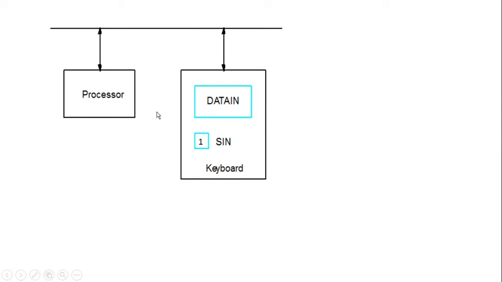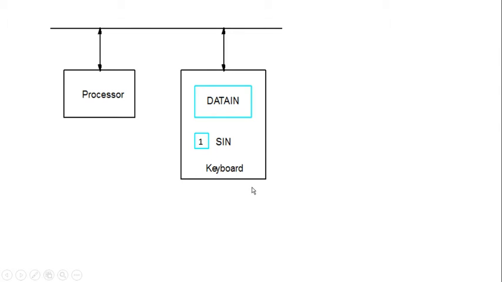We have a monitor program which monitors the value of this SIN flag continuously, and whenever the value of this SIN status flag becomes 1, it informs the processor that data is now available in this data in register of the keyboard, so that the processor can fetch the value from this data in register. Whenever this data transfer from data in to the processor is completed, the SIN flag value is automatically cleared to 0.